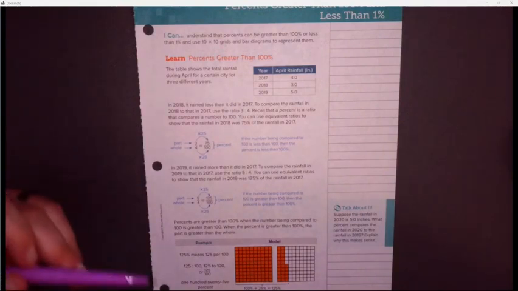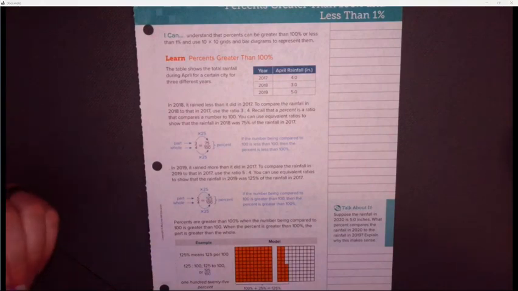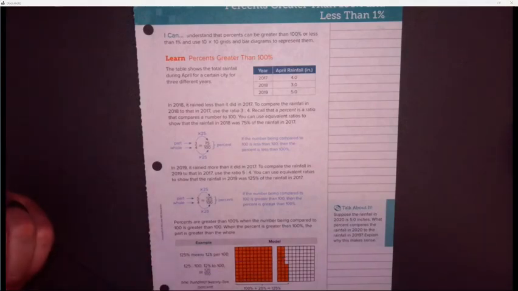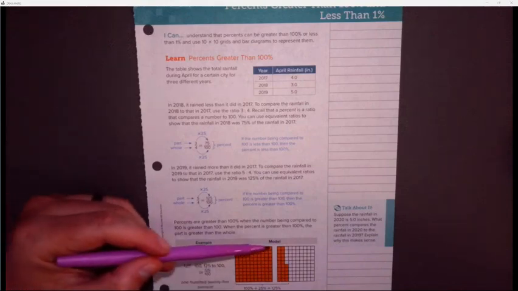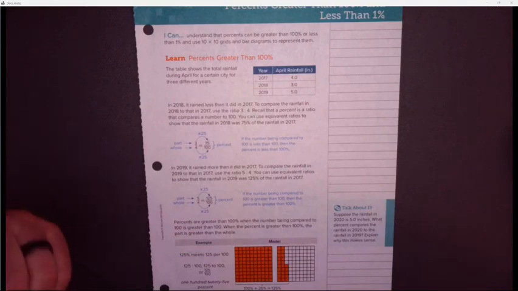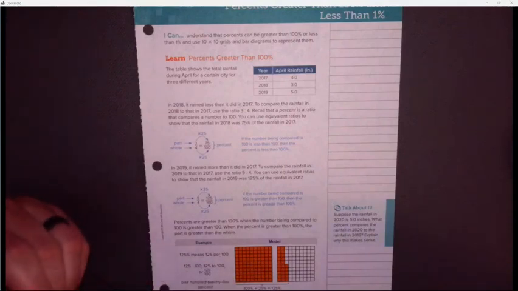So now at the bottom of page 93, we can see 125% modeled using a 10 by 10 grid. Now if we notice, it looks a little different than what we saw in Lesson 2.1. We have 2 10 by 10 grids. This is because we are looking at percents greater than 100. So one 10 by 10 grid we know contains 100 squares. And in this model, we have one that's full. That represents 100%.